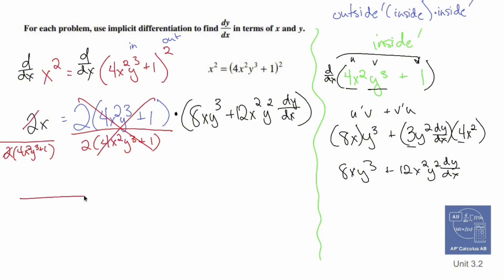So on the left, we have x over (4x squared y cubed + 1). That's going to equal just what's here in black, so 8xy cubed plus 12x squared y squared dy/dx.